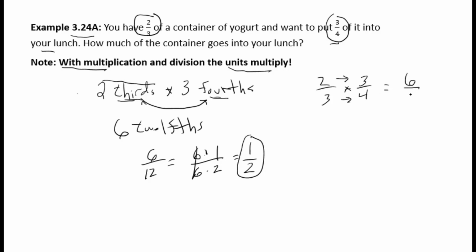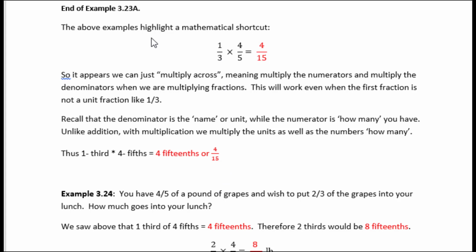So there is a shortcut. The shortcut to what we've been doing is simply the rule of how to multiply fractions. You multiply straight across. So the examples in the book and the examples that we went over highlight a mathematical shortcut for multiplying fractions. You multiply the numerators and then you multiply the denominators.